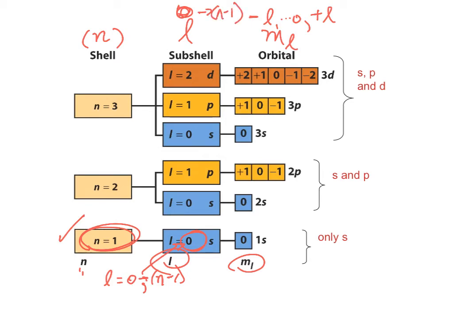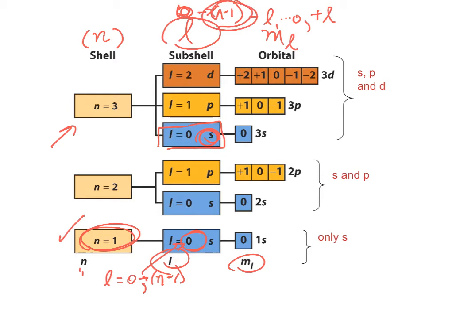Alrighty, let's go to a more complicated one. Let's go to energy level n equals 3. If n equals 3, what are the values that l can have? Well, it always starts at 0, so every single energy level starts with an s sublevel or s orbital. That's the lowest energy one. Then the l values progress in integers by 1 until they get to a maximum of n minus 1.